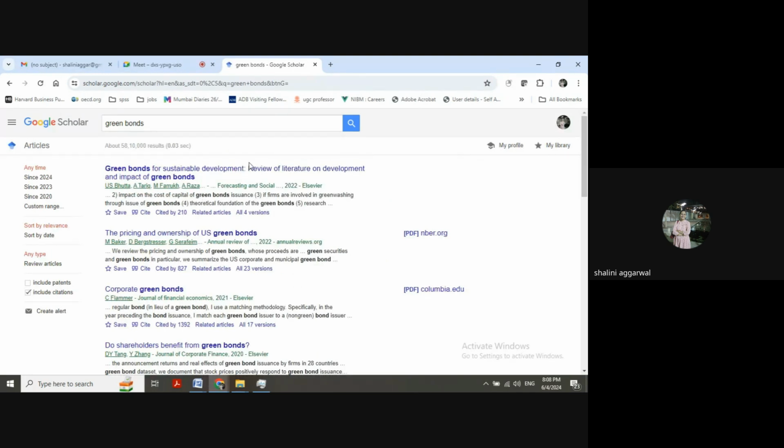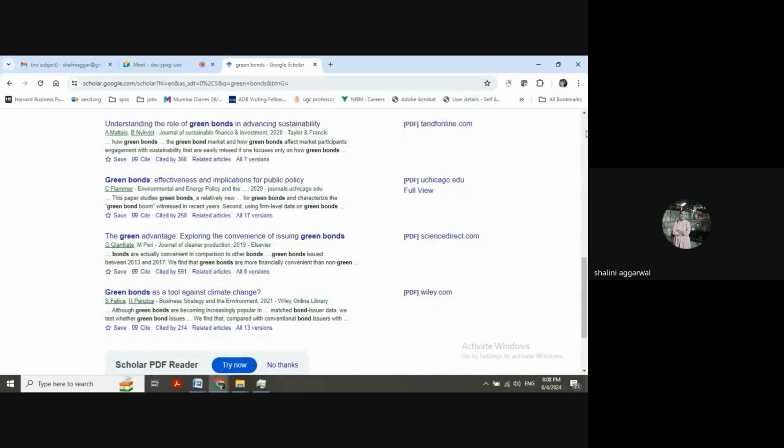Now you see a number of papers have come out. Read all these papers and try to find out the variables that have not been used till now. This is one way.